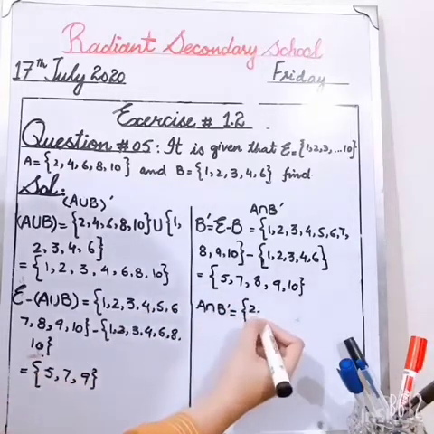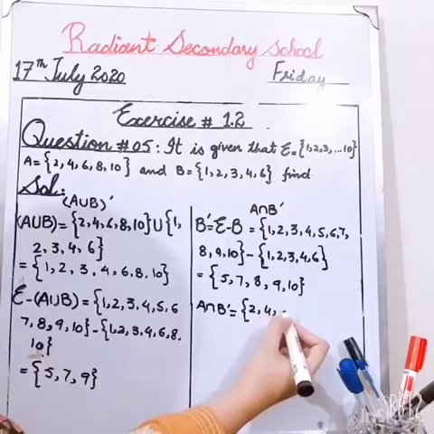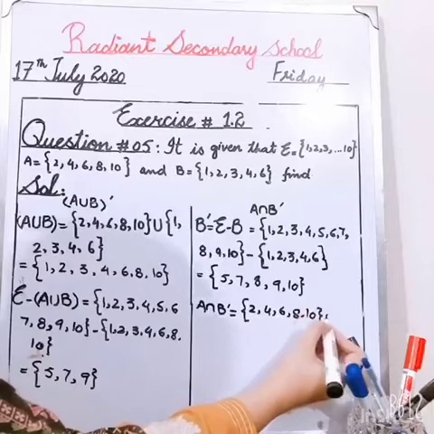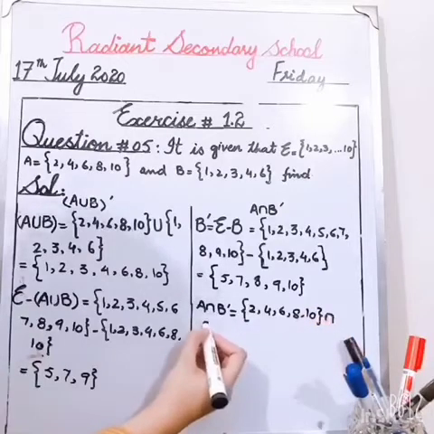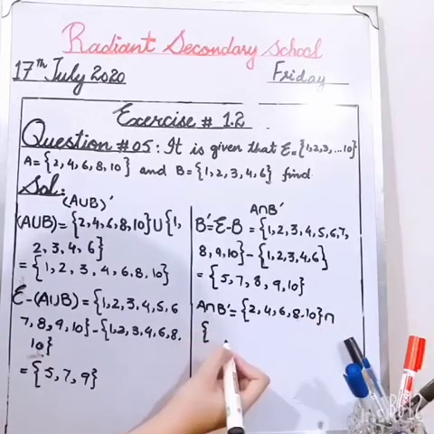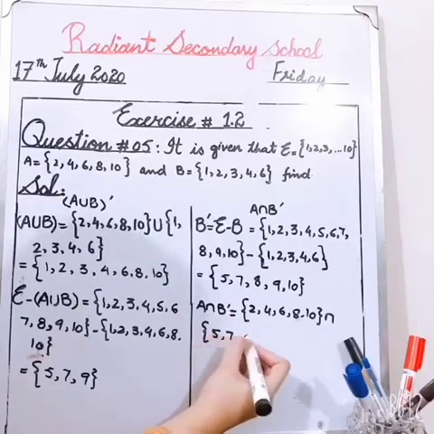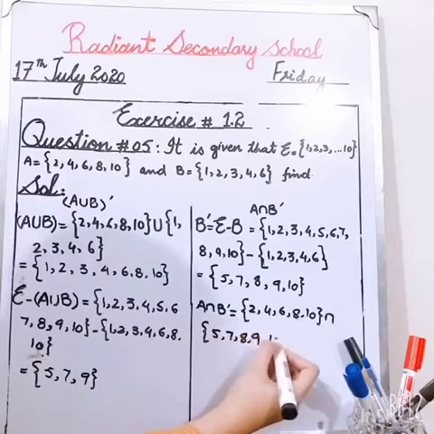First you write down set A, 2, 4, 6, 8, 10. Put the intersection sign and then the answer of B complement, that is 5, 7, 8, 9, 10.